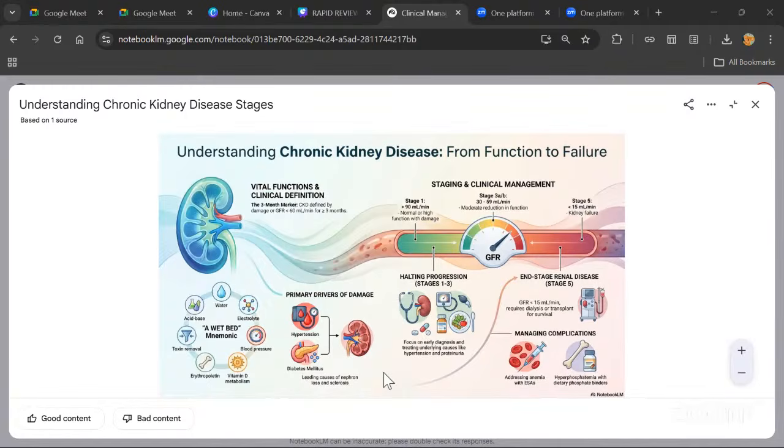But now when we come to chronic kidney disease, it is something that is affecting the structure of the kidney and the functionality of the kidney. The best way to remember chronic kidney disease is in the definition. Number one, the timing of the definition is important. Number two, remember it's something that is affecting the structure or the function or even both.